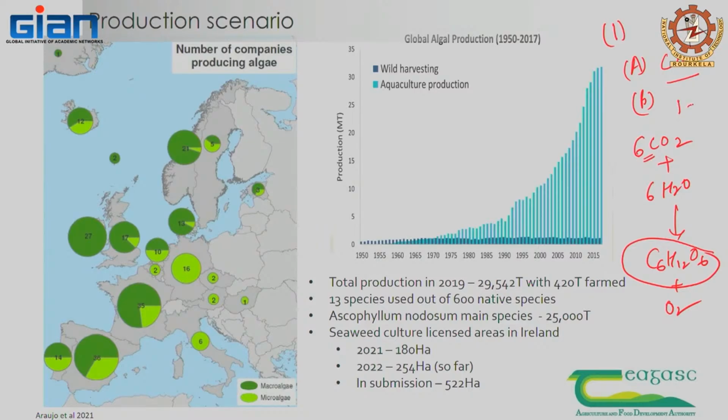Carbon is 12, oxygen 16, 16 plus 16 is 32, so 44 units, and 6 times this will produce this much carbon in the form of glucose.